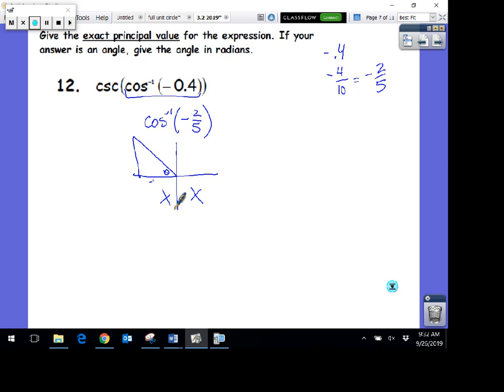Cosine is adjacent over hypotenuse. So now we need the cosecant of that angle. Well, the cosecant of an angle is hypotenuse over opposite. We're not doing inverse cosecant, so we just do regular cosecant.